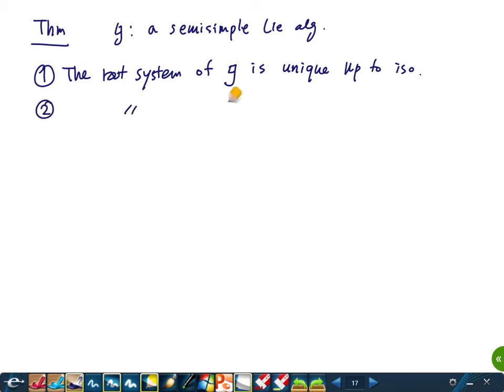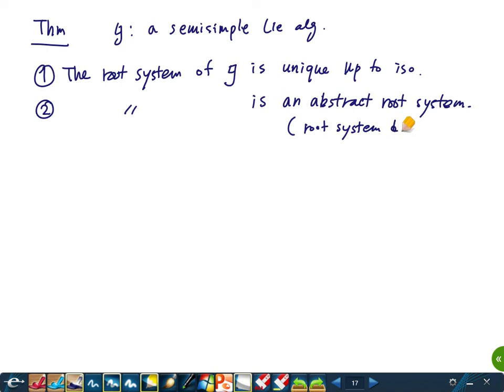So far in this chapter we defined an abstract root system, meaning a collection of non-zero vectors satisfying these four conditions. So the root system of a semi-simple Lie algebra is indeed an abstract root system, defined in this chapter, chapter 8, satisfying four axioms.